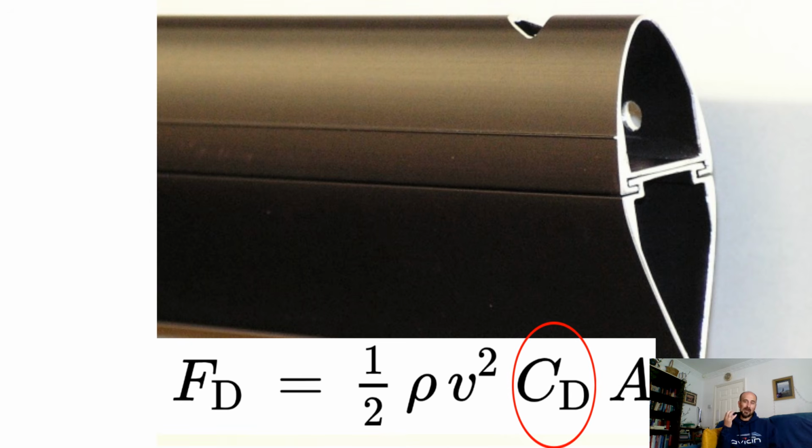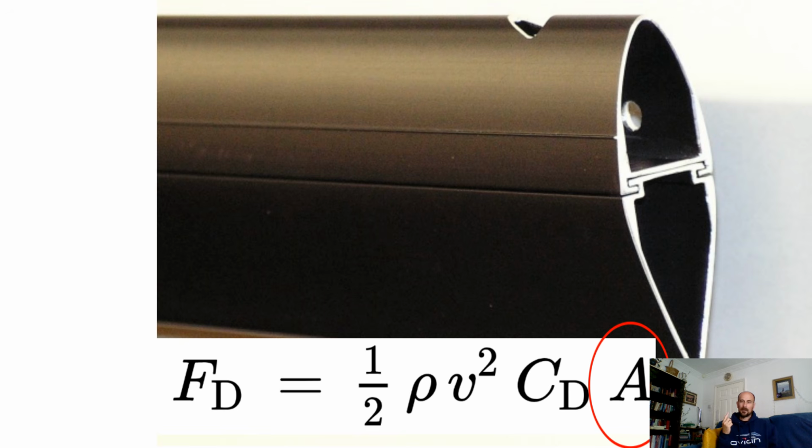Now, the force is directly measured by the load cell that I showed earlier. The CD we have to calculate, but we know the speed because that's being measured in the wind tunnel as well. And then the other thing we need to calculate is that it's relative to a reference area.